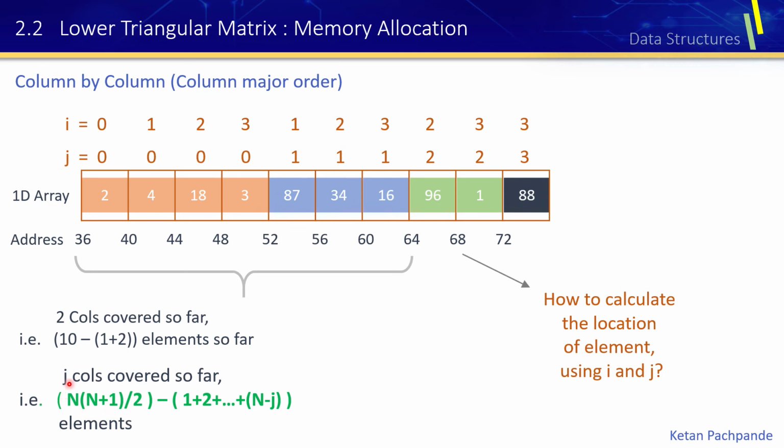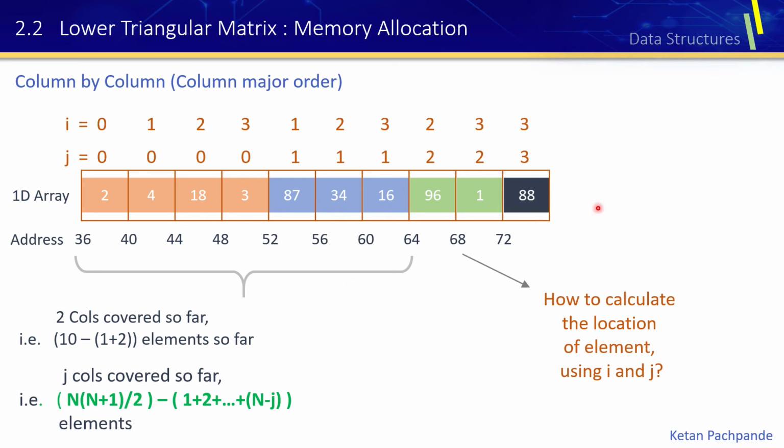If I talk in variables, the j value indicates the number of columns covered so far. For 3, 2, what is the value of j? That is 2. So two columns have been covered so far. And here is the formula: 10, the total size of the matrix, minus.